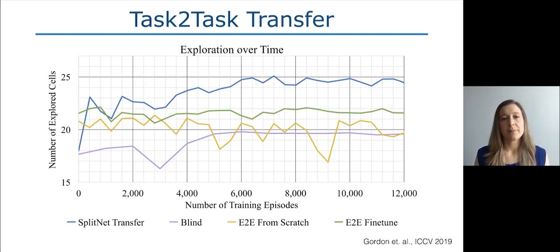So what we see is that the split net transfer experiment allows faster and more effective training, even as the number of episodes improve. So here we have number of explored cells in the y-axis versus number of training episodes in the x-axis. Because the task that's trying to be learned is exploration over time, seeing that you explore more cells is success along this task.